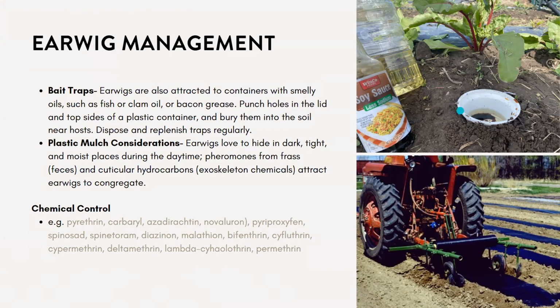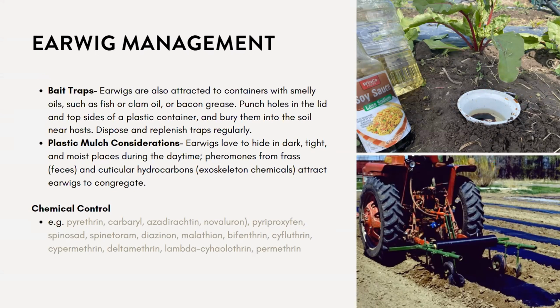And if you want, you could also put a lid on it with punched holes, because earwigs like really dark, tight places to go, especially during the daytime. And depending on how many earwigs you have, you might have to change this trap out daily or every couple days, but just make sure you're staying on top of it. And this will really help knock down earwig populations.